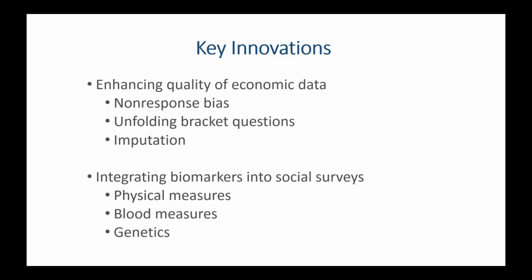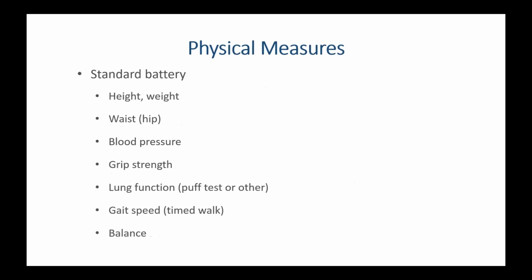And they also integrated biomarkers, so real physical measures, blood measures, and genetic measures of individuals into a survey where we know a lot about their behavioral and their social conditions. So that's very interesting. Some of these physical measures are height, weight, blood pressure, grip strength, lung function, gait speed, and balance.